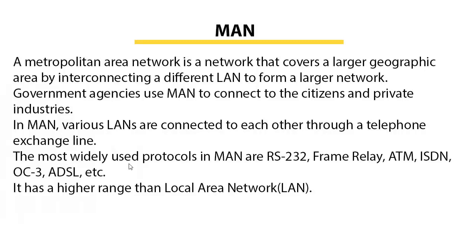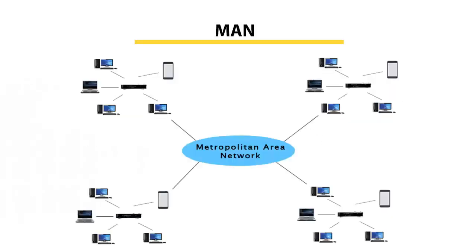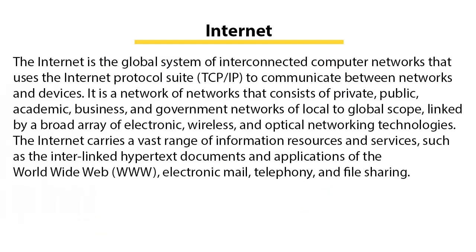The most widely used protocols in MAN are RS-232, Frame Relay, ATM, ISDN, OC3, ADSL. Okay, it has a higher range than the local area network. So this was your MAN. This is the diagram that you will be drawing in your notebooks.